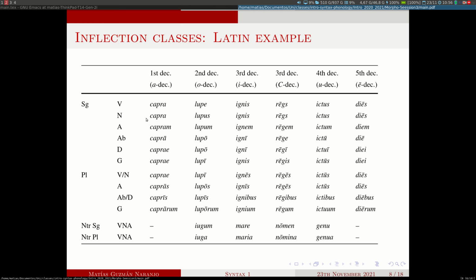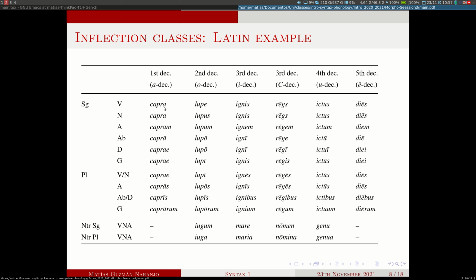Here's an example of nominal inflection classes in Latin. These are the 5 main inflection classes in Latin. I don't know if you had Latin before in school or not, doesn't matter. The point is, Latin has basically 2 numbers, singular and plural, and 6 cases: vocative, nominative, accusative, ablative, dative, and genitive.